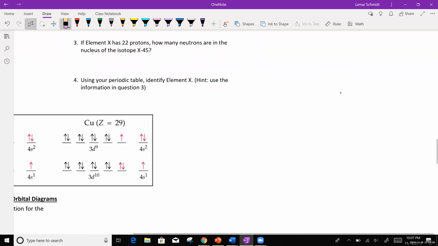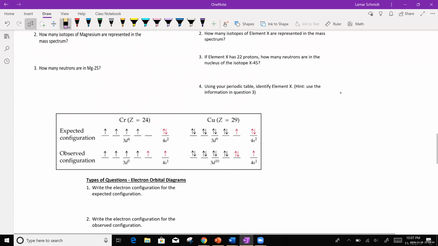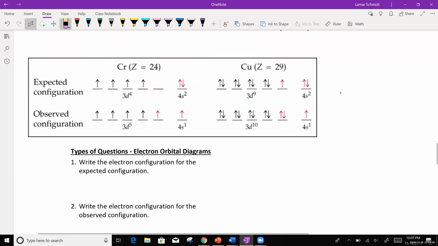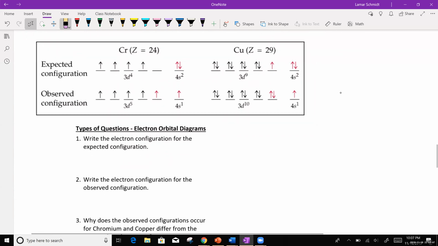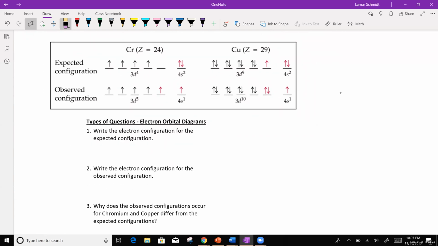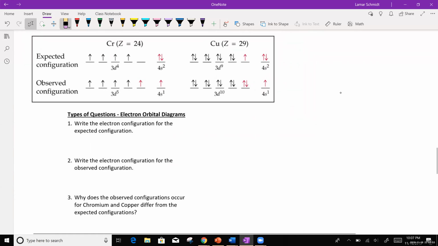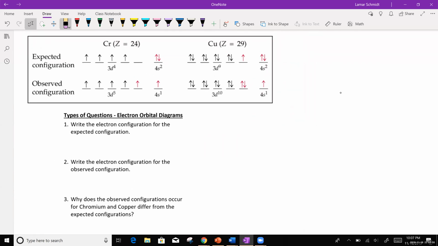Okay, on the next part, you're seeing an orbital diagram, partial orbital diagram of chromium and copper. I want you to answer the 3 questions, and the choices will be in Edpuzzle.